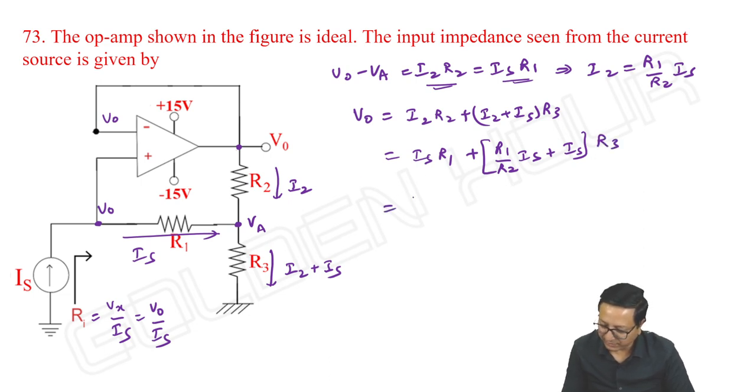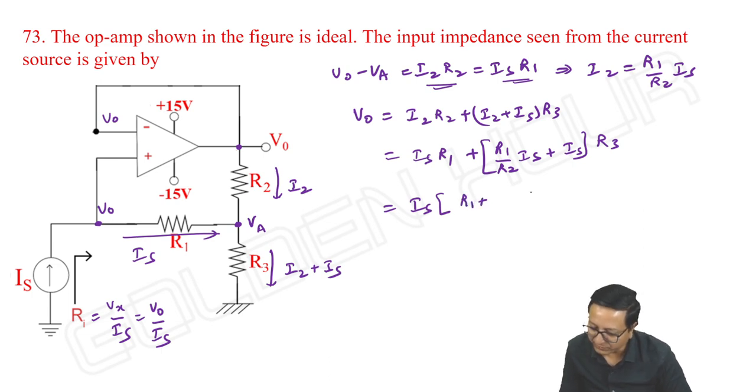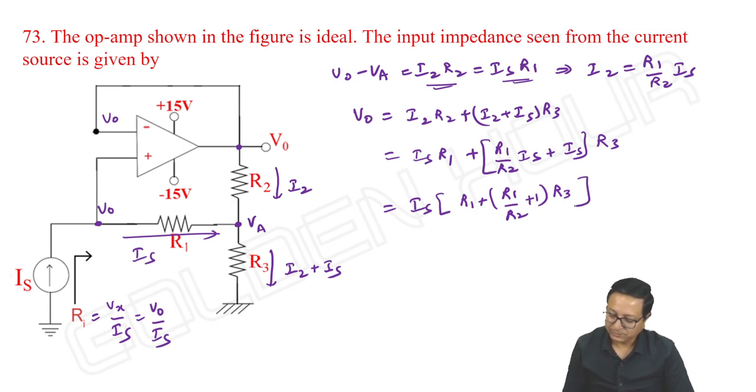Now, if I take Is common, it is R1 plus (R1 by R2 plus 1) into R3. Okay. So, what about the Ri value? It is V output by Is.